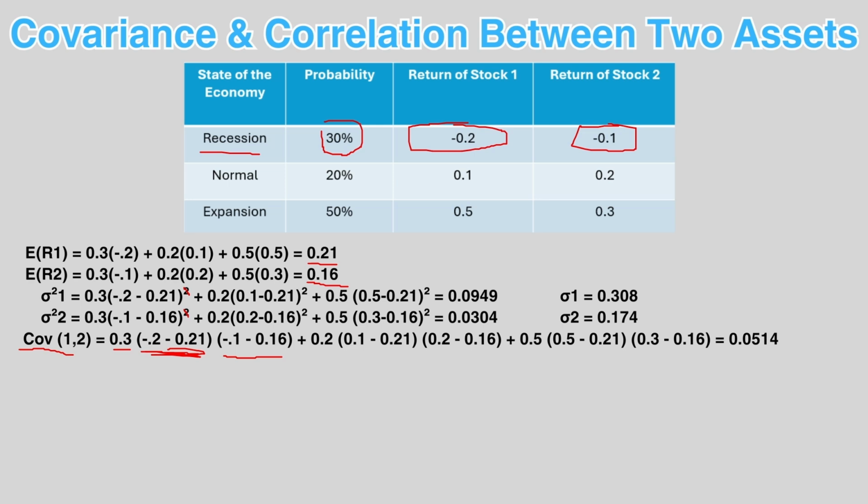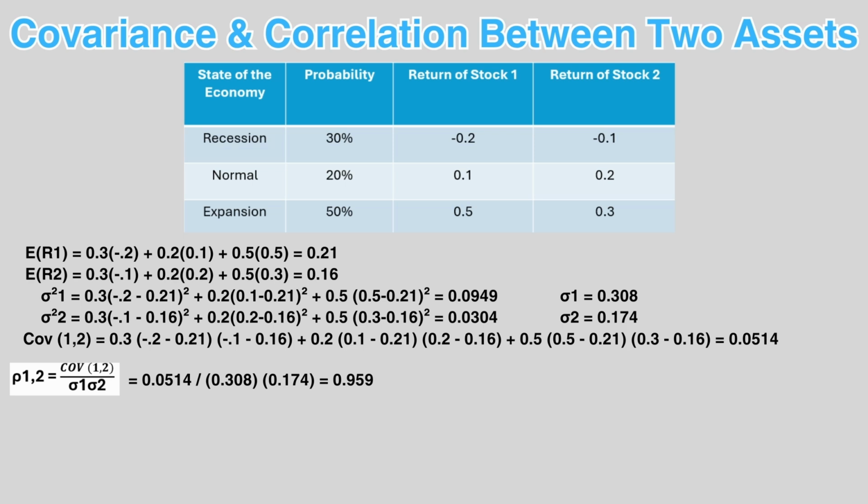Once we multiply that out, we'll add that to 0.2, which is the probability of a normal state occurring, times the return of stock 1 minus the expected return, so 0.1 minus 0.21, then the return of stock 2 minus the expected return of stock 2, which is 0.2 minus 0.16, and so on. And when you do that for the expansion state, you get this as well. And when you calculate all that out, you'll get a covariance between stocks 1 and 2 of 0.0514.